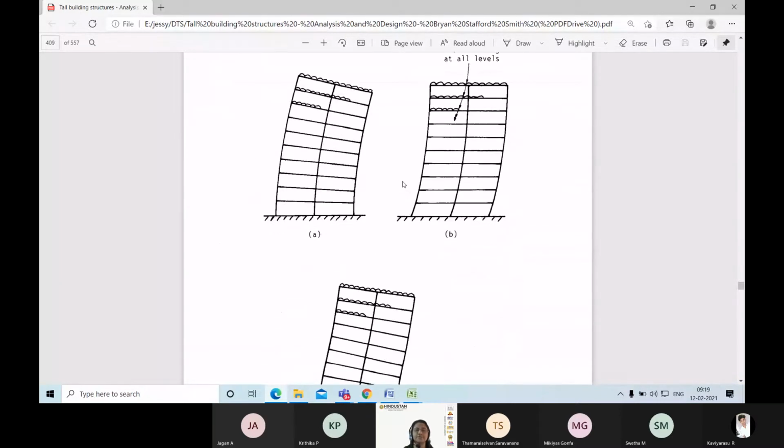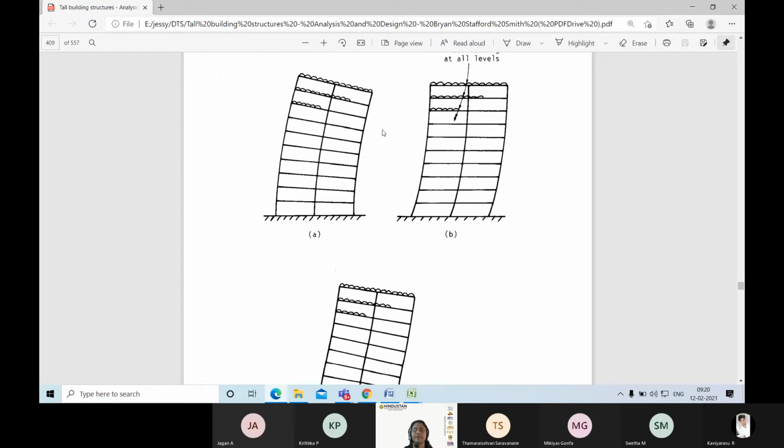That is what I was explaining in the last chapter also. It is like a cantilever column, so the predominant behavior is flexure. If it is a single cantilever column element, the main mode is the flexural mode.